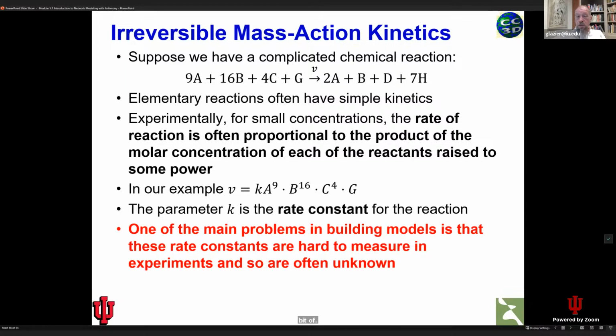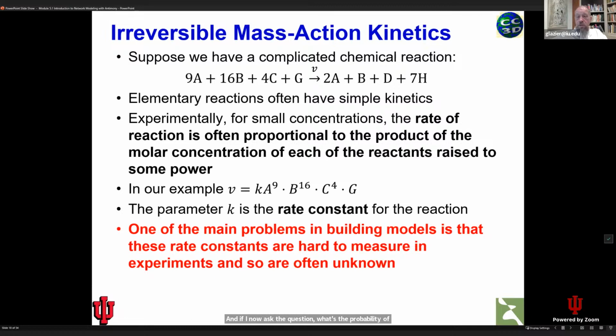If I think about a reaction that requires one molecule of A and one molecule of B to happen, then if I think about that as individual molecules, not concentrations, I need a molecule of A and a molecule of B to come close together. And if I ask what's the probability of them getting close together?